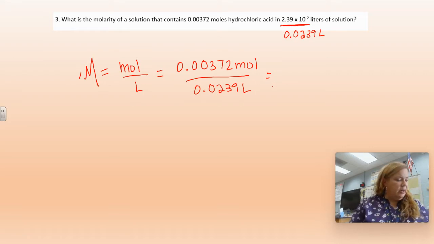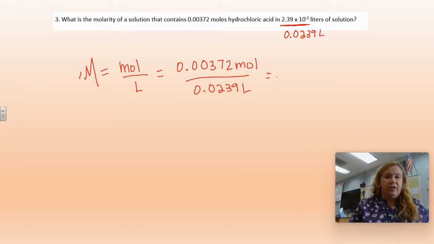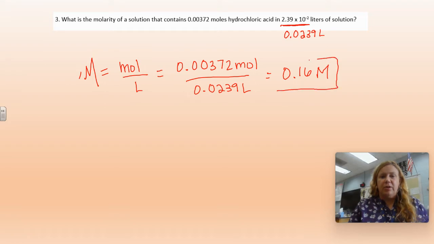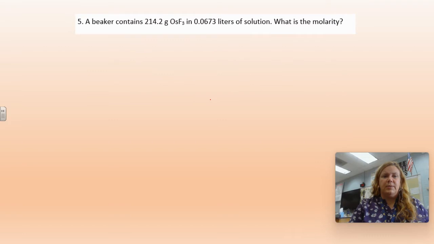So the molarity here, if you just calculate and divide, then you're going to get 0.16 molar solution. So that's definitely a small concentrated solution. However, a lot of times, especially with acids or ionic compounds, you don't need a super high concentration. Let's take a look at the next one.